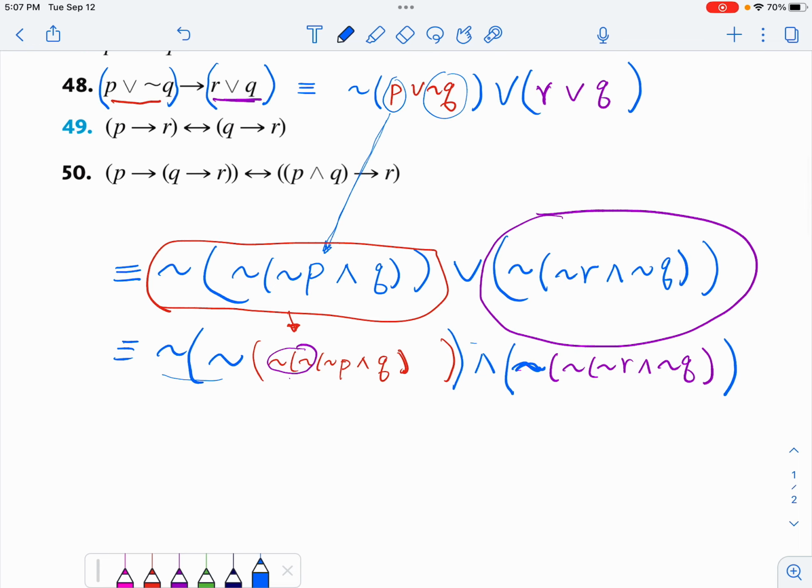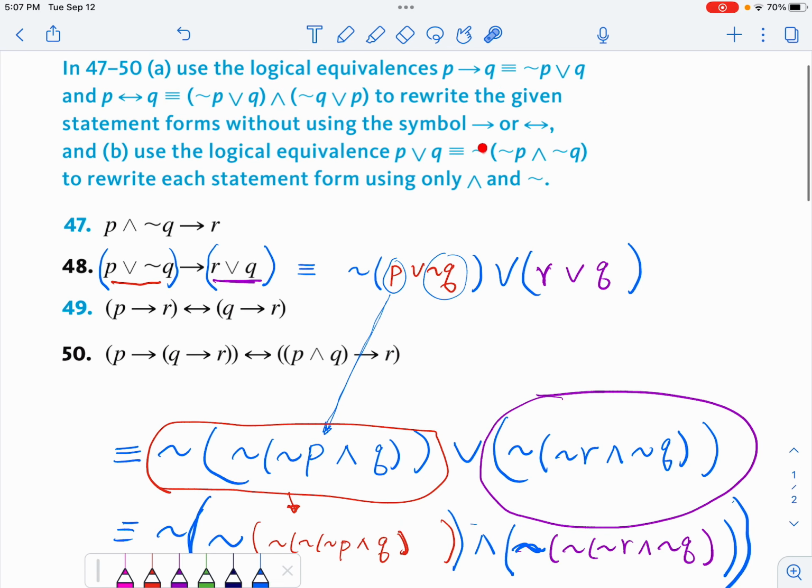This one cannot be simplified, because I have to emphasize once more that this not is for the whole thing, just like the outermost not is for the whole thing.